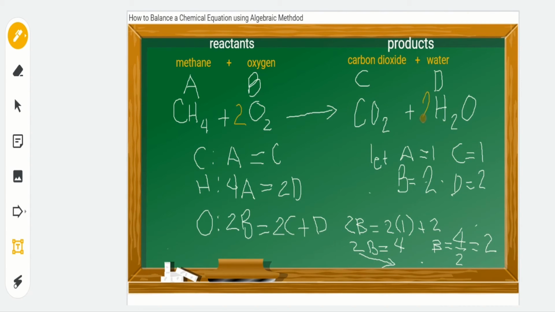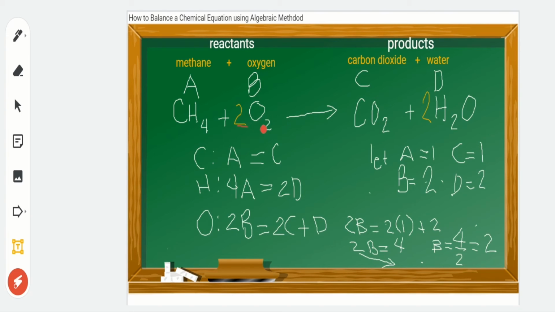Okay. So, tingnan natin kung balance. Ilan yung carbon natin dito? 1. Dito din sa C, saka sa product side, 1. How about our hydrogen? We have 4 hydrogen here dito sa ating reactant. Here sa product side, 2 times 2, that gives us 4 hydrogen. So, equal, parehas. What about our oxygen?